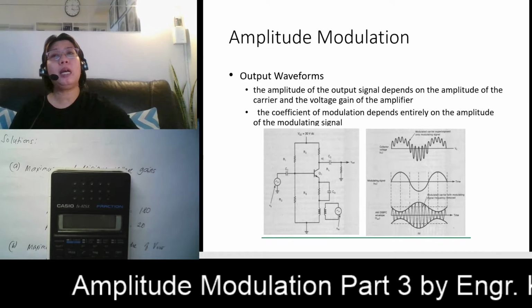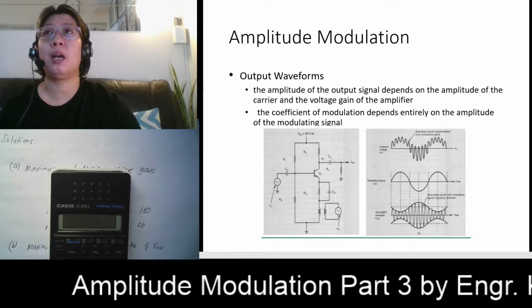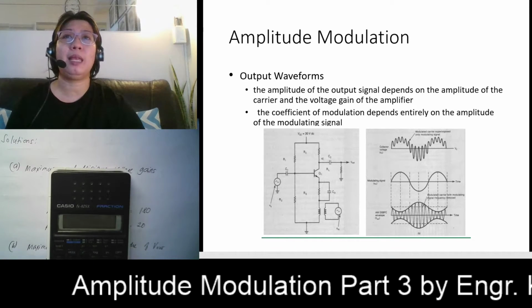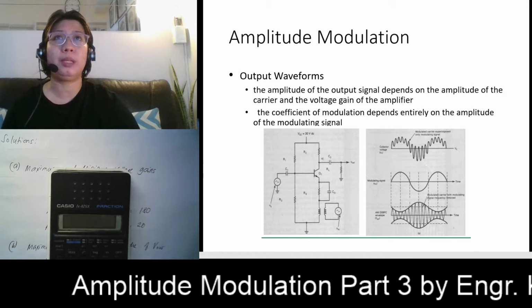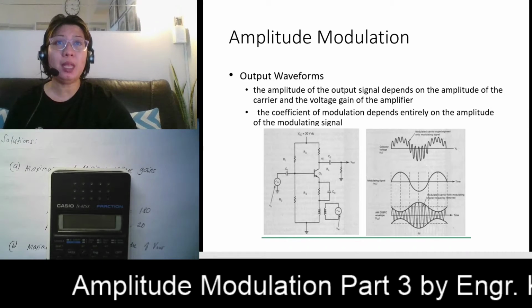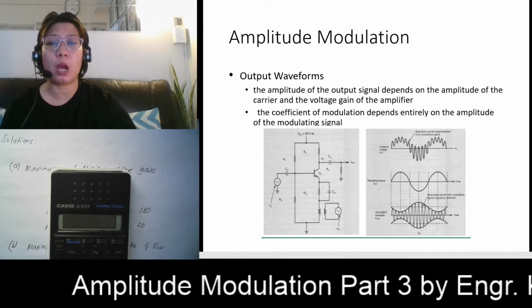The analysis is very simple for this type of circuit, this low level modulator. However, since this operates in class A, what do we know about class A amplifiers? Since this operates in class A, it is said to be inefficient. Class A amplifiers have very low power efficiencies, and likewise it is incapable of producing a high power output waveform.